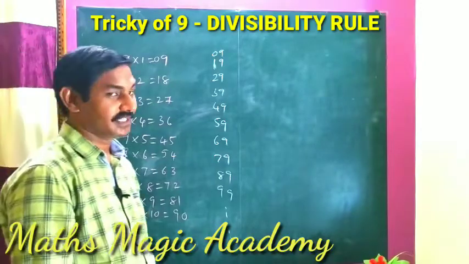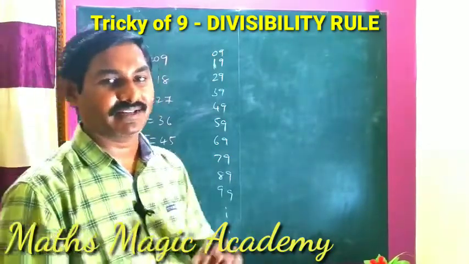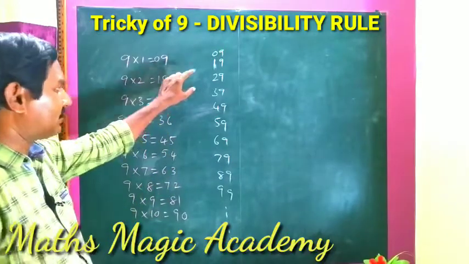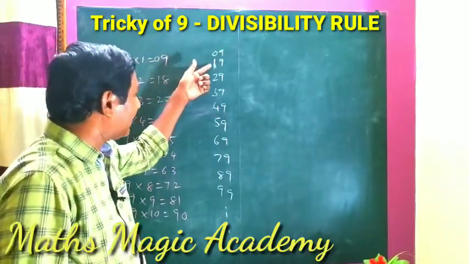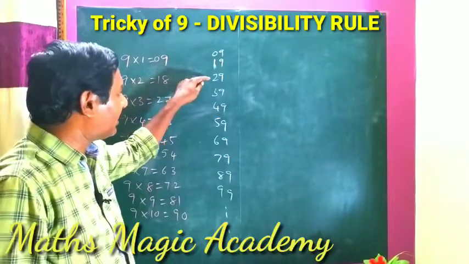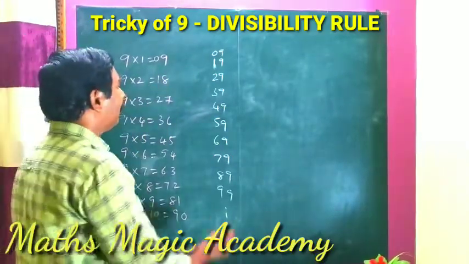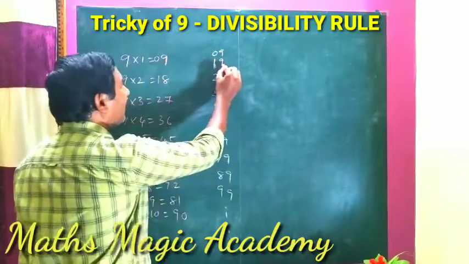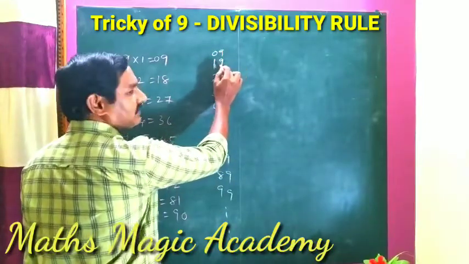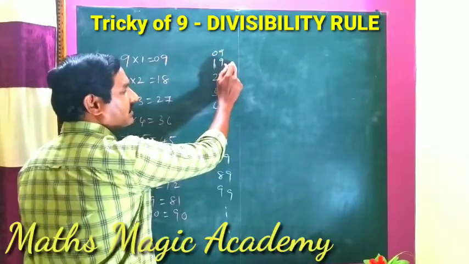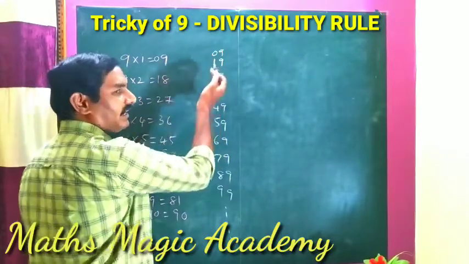In the previous class we discussed the divisibility rule of 19. You can see in the previous class the 19 divisibility rule, and the 29 divisibility rule also I explained. Here it is very simple: 9 2s are 18, last digit 9 is there, 9 into 2 is 18, 18 plus 1 is 19.